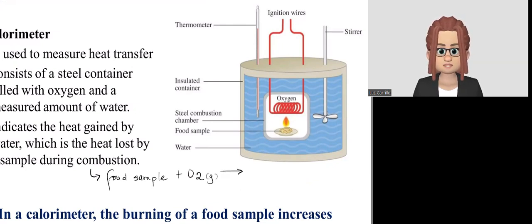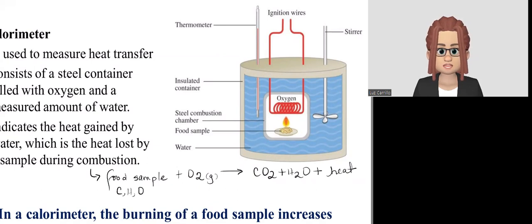Since the food sample has compounds with carbon, hydrogens, and oxygens, in this combustion reaction we are going to make carbon dioxide, we're going to make water, and in addition, we're going to produce heat. So the combustion reaction that happens here is an exothermic process.